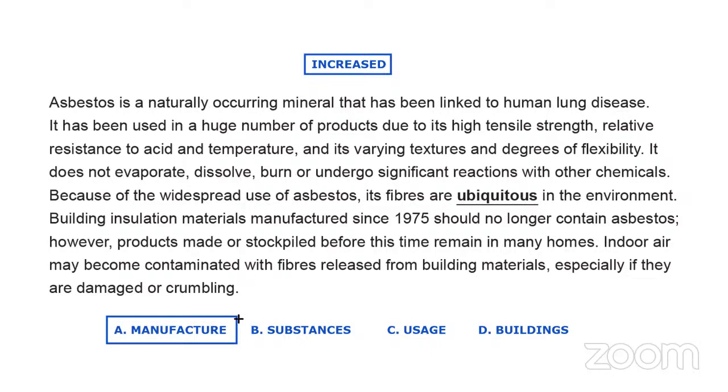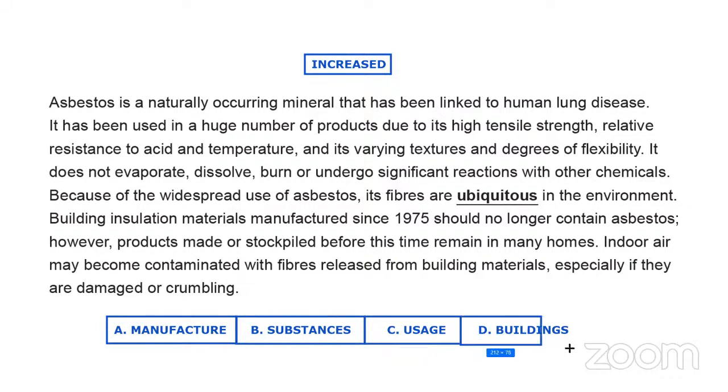Then, from option B, we got the word substances. Option C, we got the word usage. And option D, we got the word buildings. Now, these 4 words, you check. Where are they? You have to notice that.